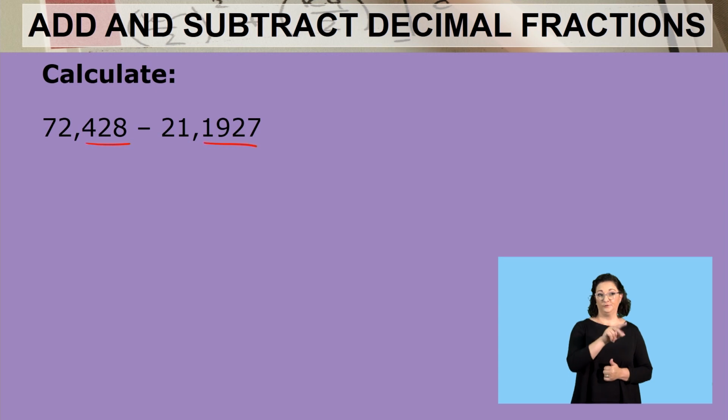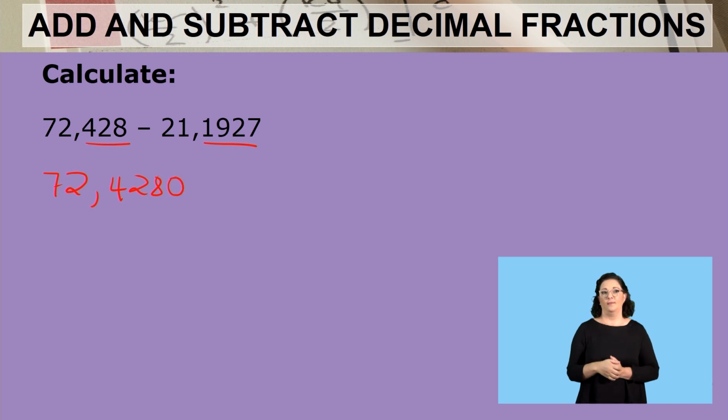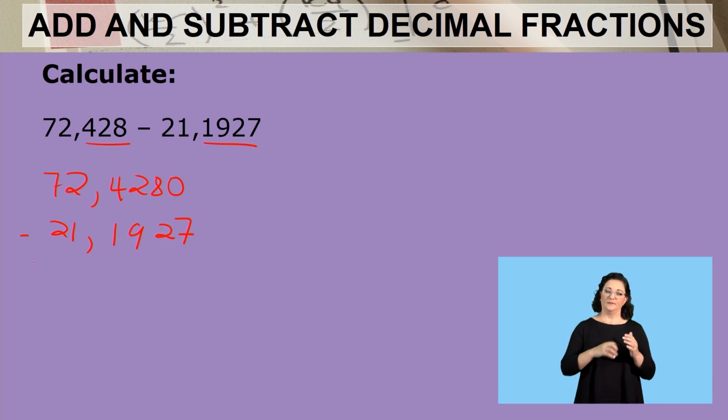So this is going to be 72,428, then we write that 0, which honestly does not add any value to this. Subtract 21,1927.